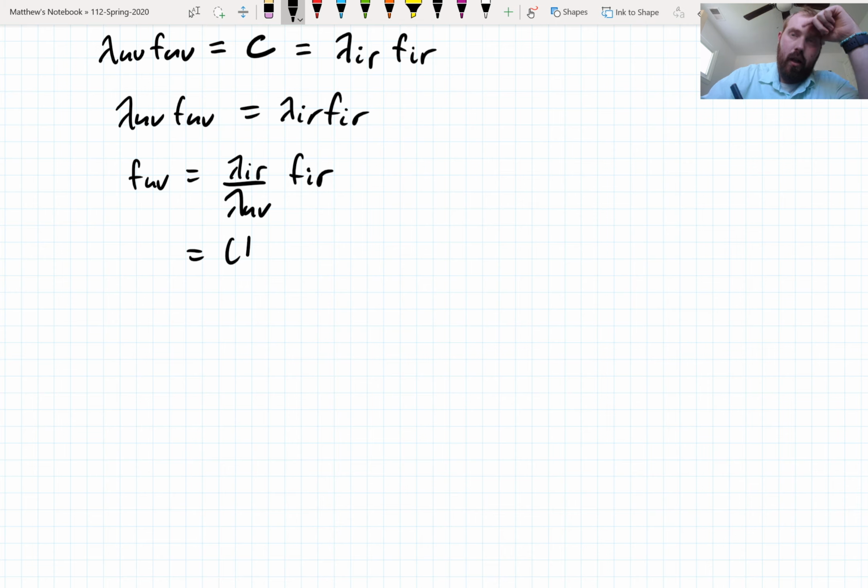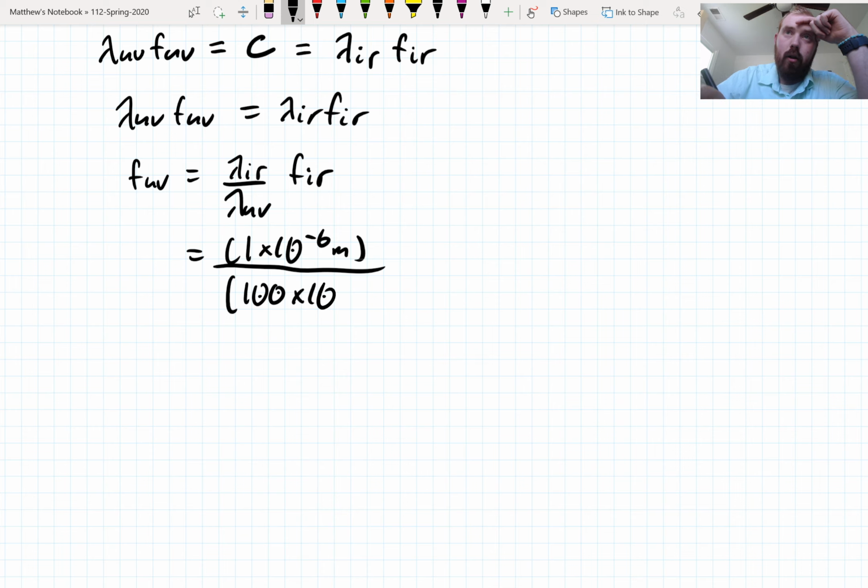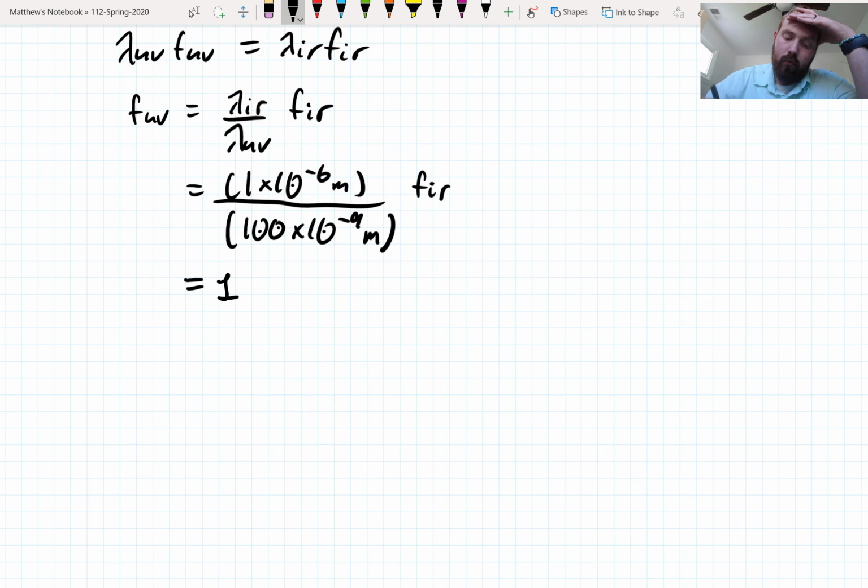So let's plug in our values. Lambda IR, that was 1 times 10 to the minus 6 meters. Lambda UV, that's 100 times 10 to the minus 9 meters, times whatever the frequency of the infrared ray. Let's count out powers of 10. This is 1 times 10 to the minus 6. There's a minus 9 in the denominator, so that becomes a plus 9.